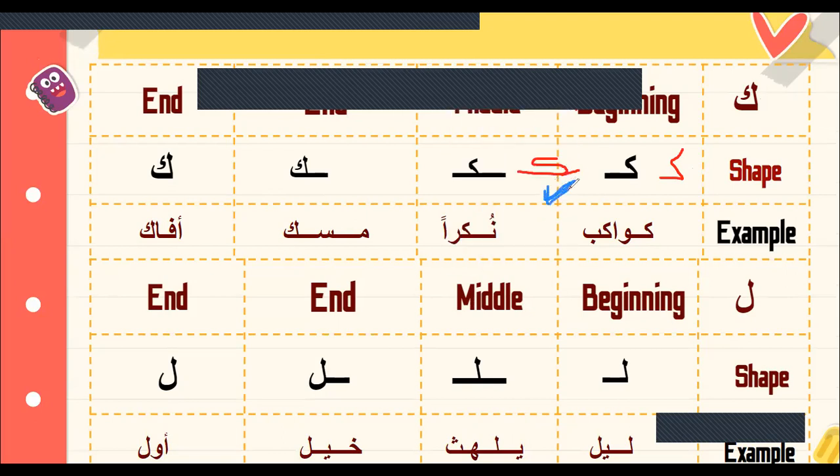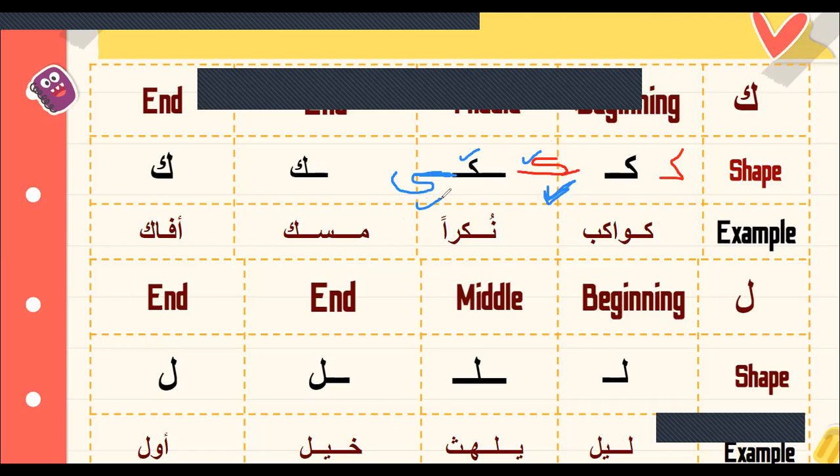When it comes in this shape, unfortunately, my students sometimes think that this is a ya. Of course, this is not a ya. A ya, if it comes in this shape, would not be in the middle. It will be at the end, and it will be down under the line. So the kaf is the one up, the ya is the one down.